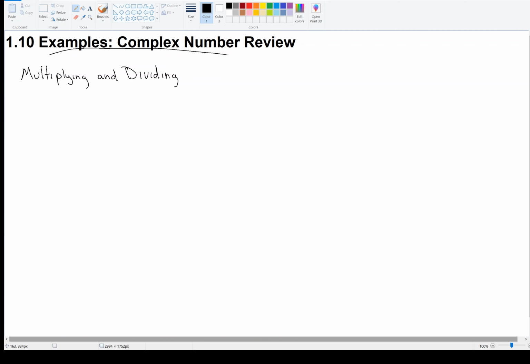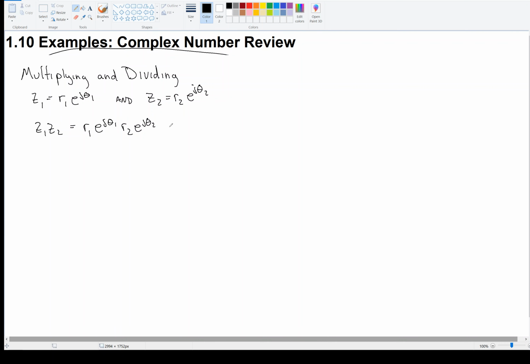So just to show you that, let's consider the general case where I have z1 is some length with some angle, and z2 is a potentially different length and a potentially different angle. z1 times z2 then would be r1 e to the j theta 1 times r2 e to the j theta 2.